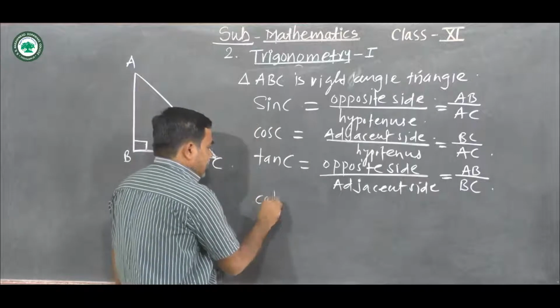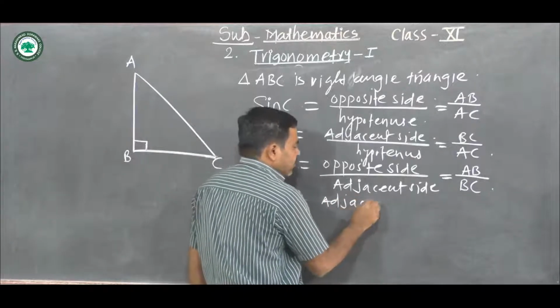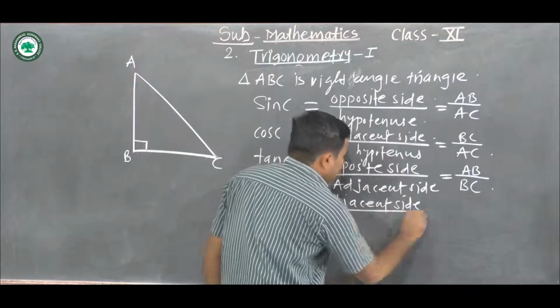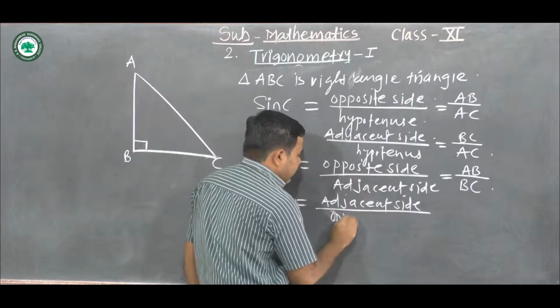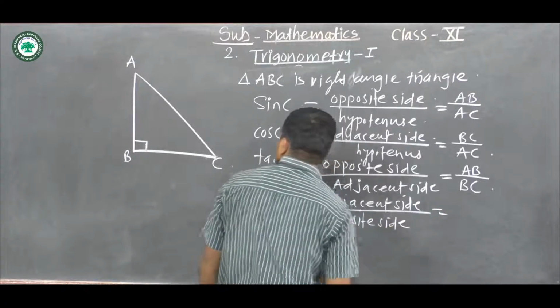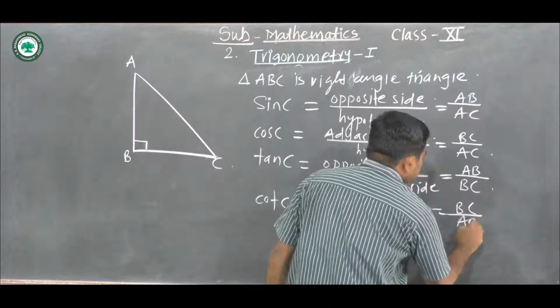Cot of C is equal to adjacent side divided by opposite side, and adjacent side is BC and opposite side is AB.